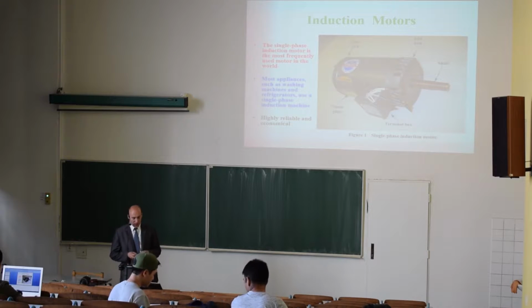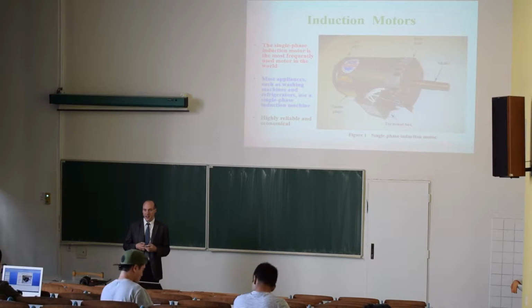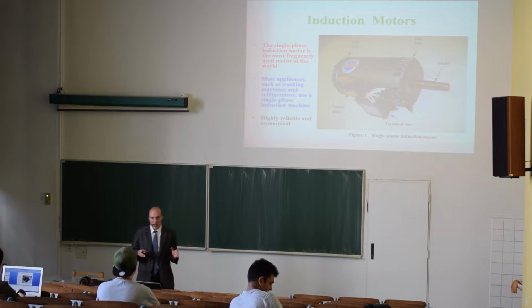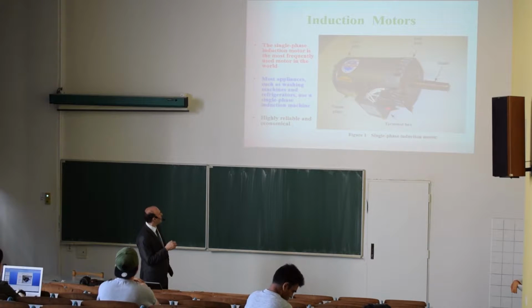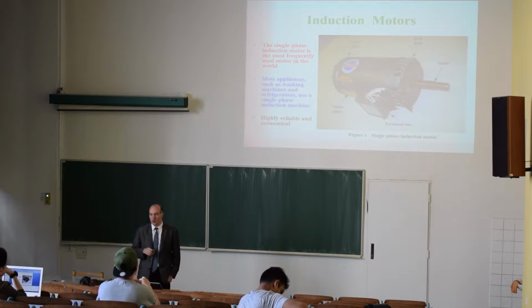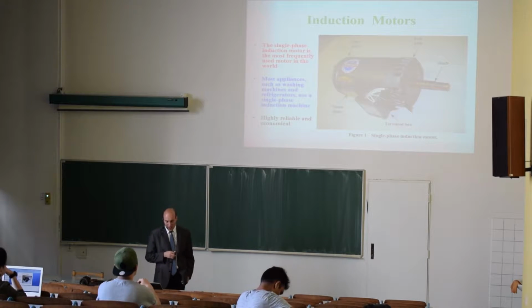On this picture you can see the basic components of an induction motor. From the outside it will have a shaft. That's where you connect the load. It will have a terminal box where you connect the terminal wires.